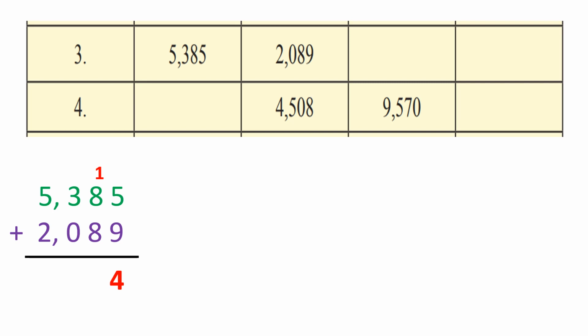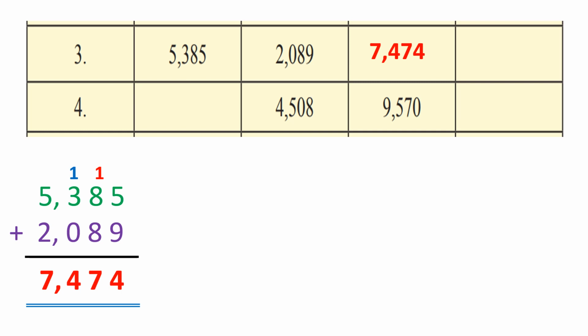Carry 1. 8 plus 8 is 16, plus 1 is 17. Then carry 1. 3 plus 0 plus 1 is 4. 5 plus 2 is 7. Your answer is 7,474. Then you write here for the sum 7,474.